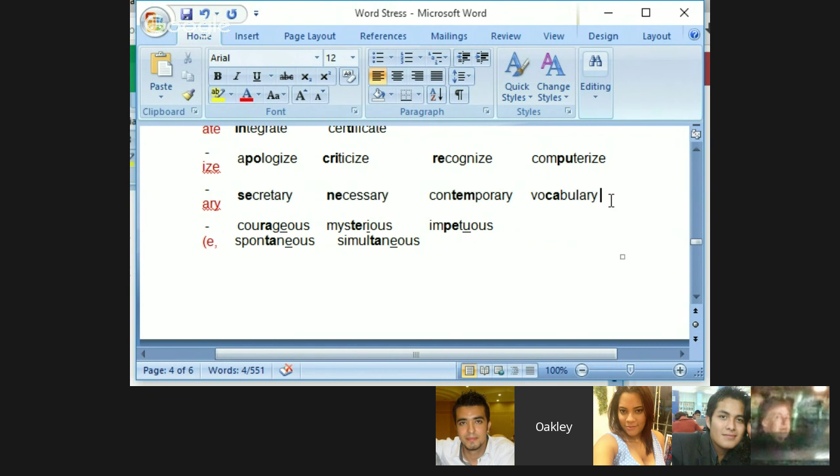Nouns and adjectives. Okay. Necessary equipment, contemporary. How can I use secretary as a noun? It is a noun. No, sorry. Adjective. You can't. Okay, nouns or adjectives.